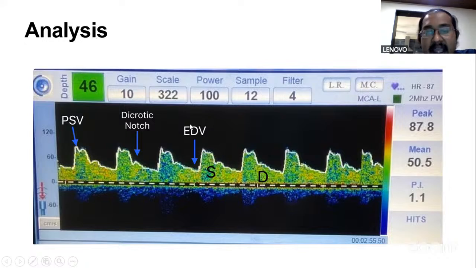This is a characteristic of cerebral circulation, where there is a low resistance circulation in the brain. So it helps in better circulation in the brain, giving the brain the nutrients and the oxygen even in the diastolic phase. This is in contrast to the peripheral arteries, where there is a high resistance circulation.